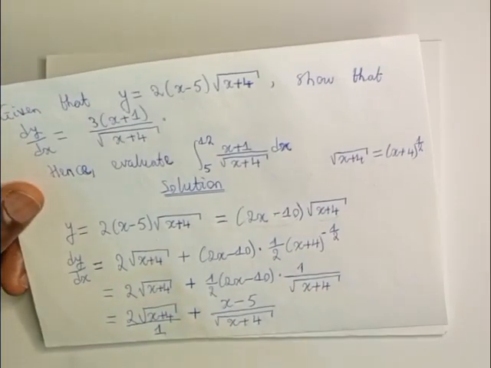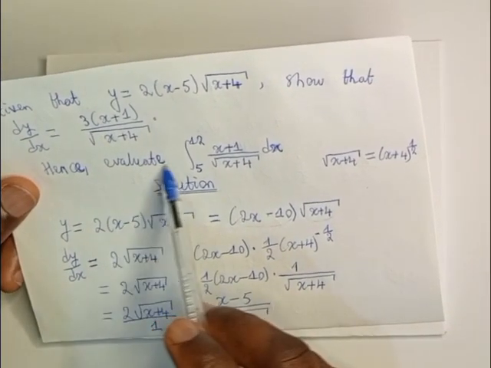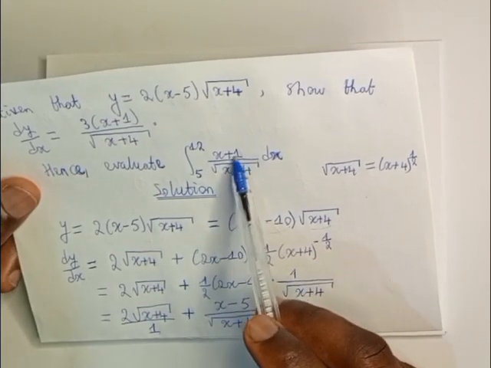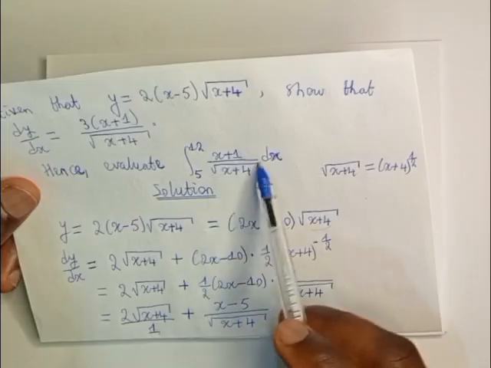Then we move now to the second part, which asks us to evaluate the integral from 5 to 12 of x plus 1 all over the square root of x plus 4 dx.